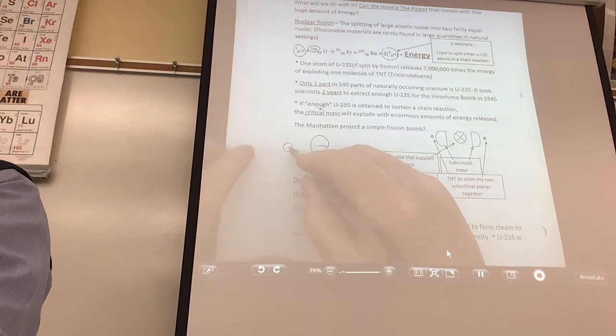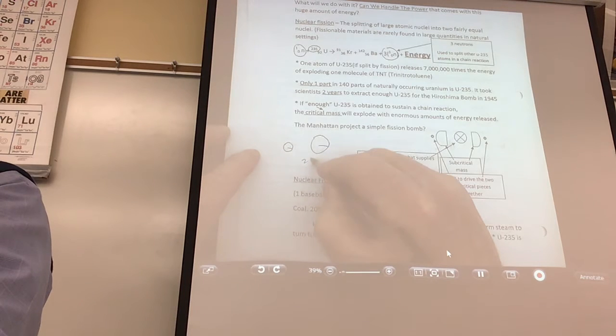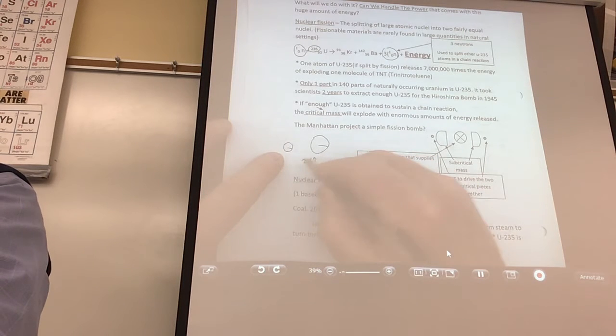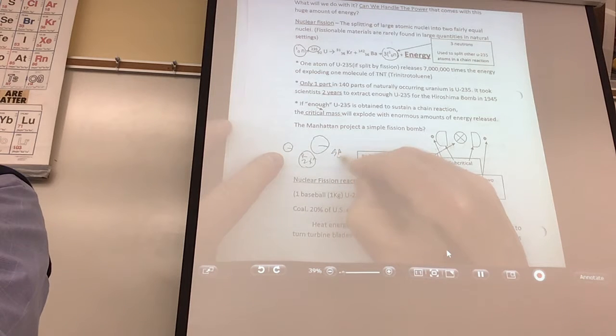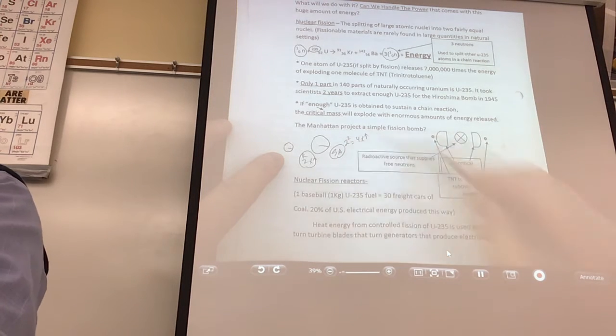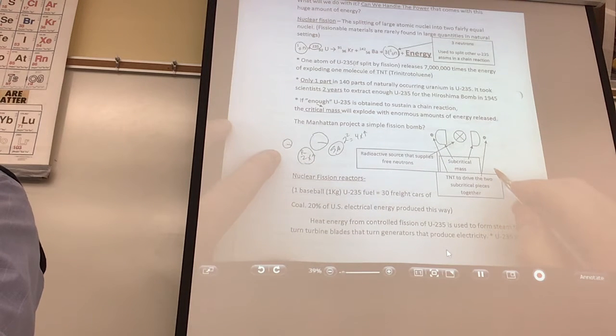If the radius of a sphere gets 2 times bigger, what happens to the surface area? It doesn't get 2 times bigger, it gets 2 squared. Is that right? Do you remember that?